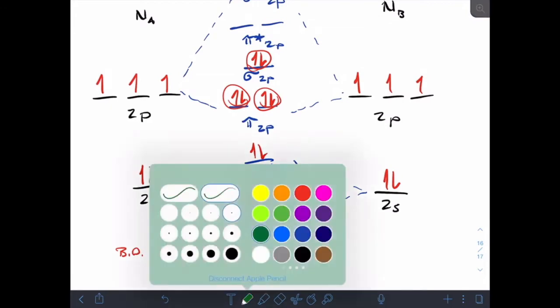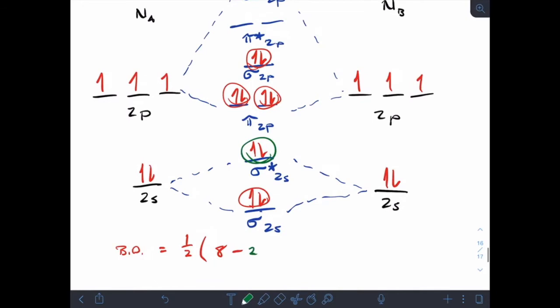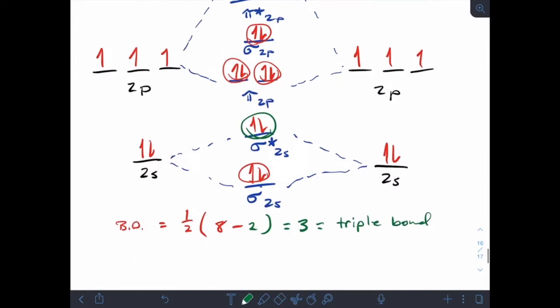And then my antibonding is anything with a star. My sigma star 2s is the only antibonding orbital that has electrons in it. So 1/2 of 8 minus 2 equals 3. So guess what? Triple bond. And if we draw a Lewis structure for dinitrogen, guess what we get? We get a triple bond.